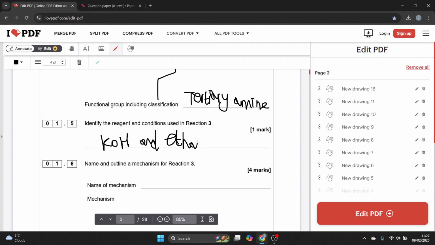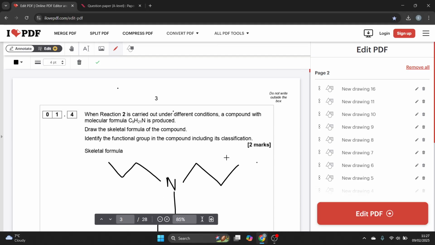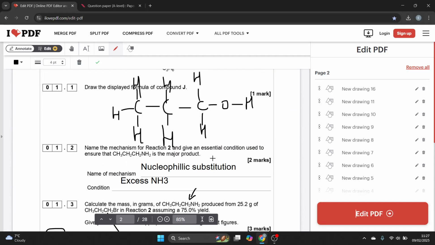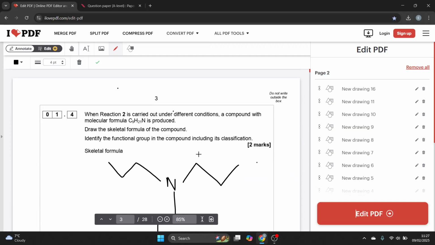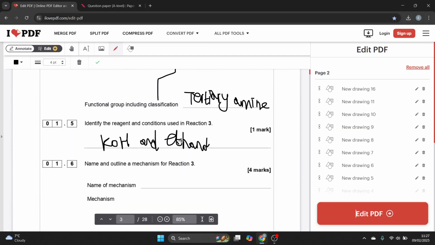And this is just how well you know the organic synthesis route. If you don't know it, you're going to struggle with these types of 1-2 markers, and that's the game. You have to memorize that synthesis route.